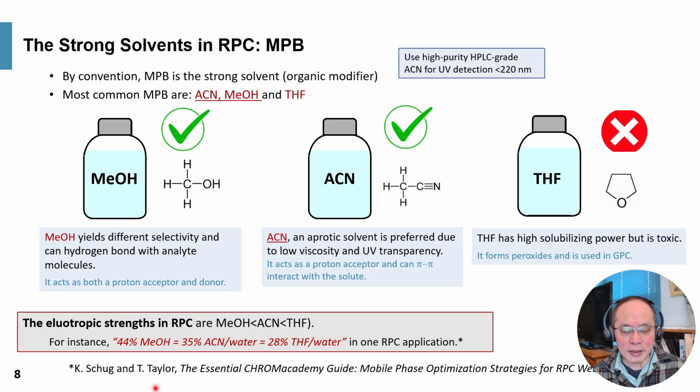In one case study by Kevin Shook et al., under this reference, here is the equivalent strength. So if you use 44% of methanol, the rest is water, you only need 35% acetonitrile and 28% THF to give the same retention factor.